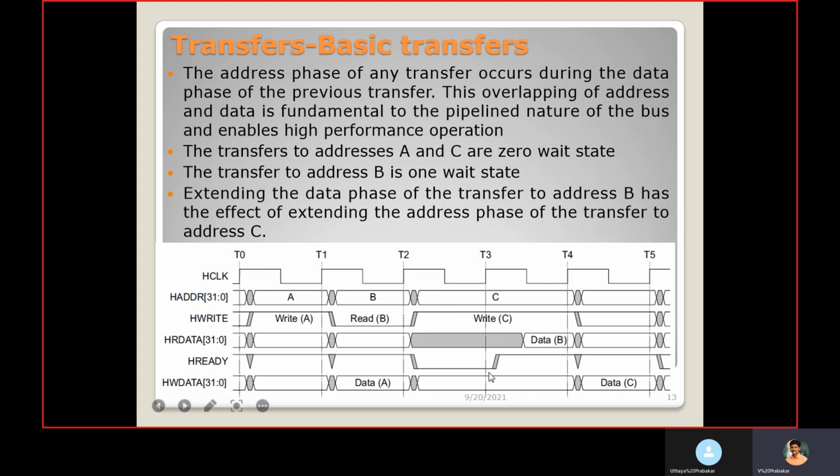So here one wait state we are introducing by asserting HREADY as 0, extending the data phase of the transfer to address B, with the effect of extending the address phase of the transfer to address C. So when you extend the data phase of B, it will extend the address phase of C.